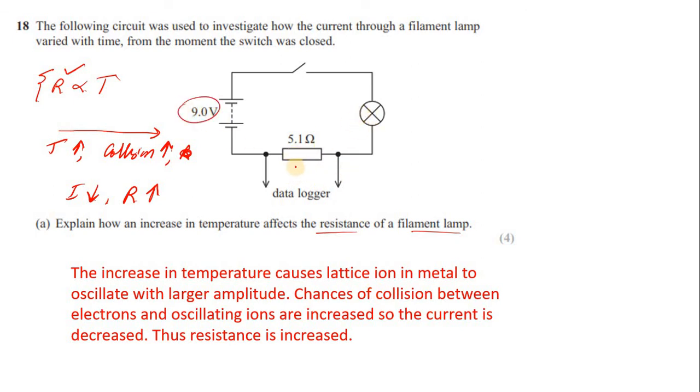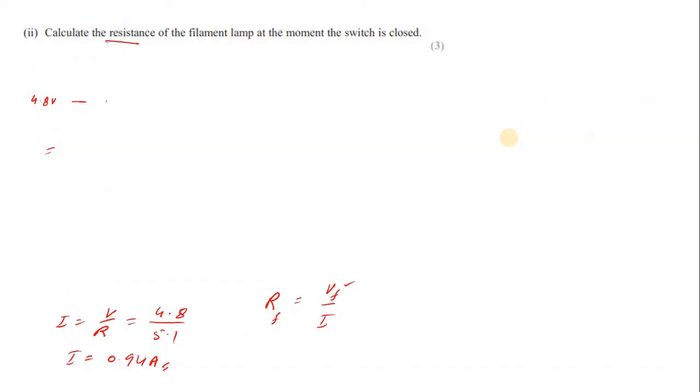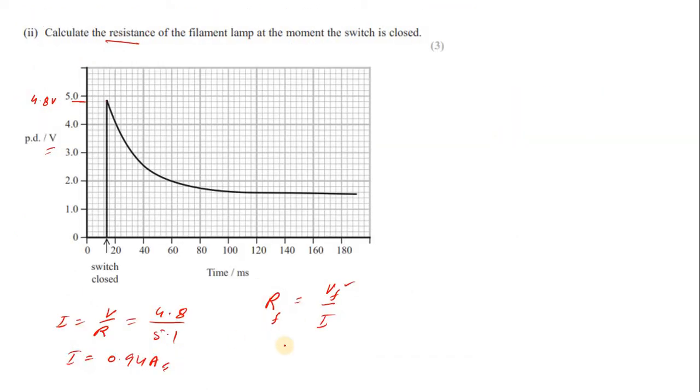Now from the graph we figure out this voltage is 4.8. That means the voltage across the filament bulb will be 9 minus 4.8. So VF is 9 minus 4.8, which is 4.2.